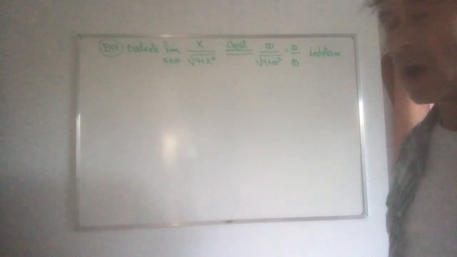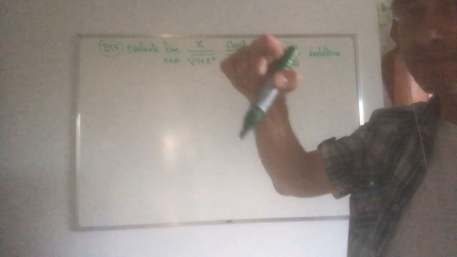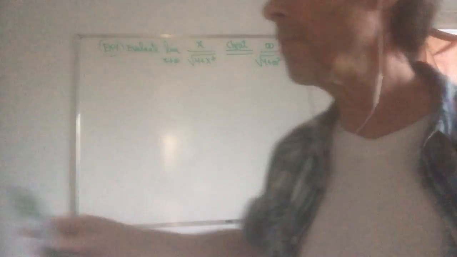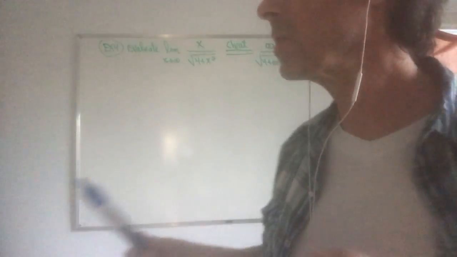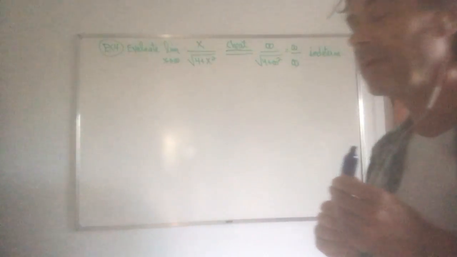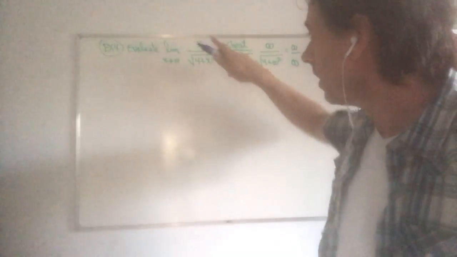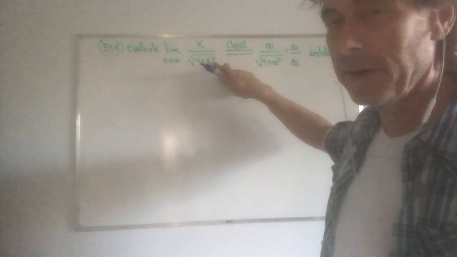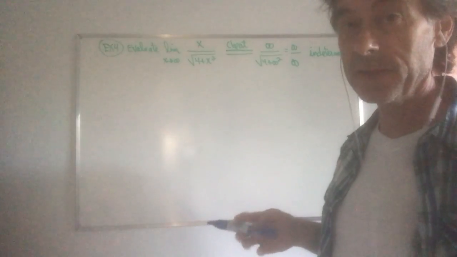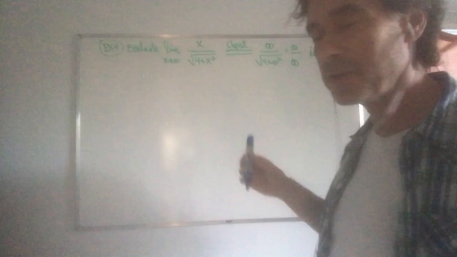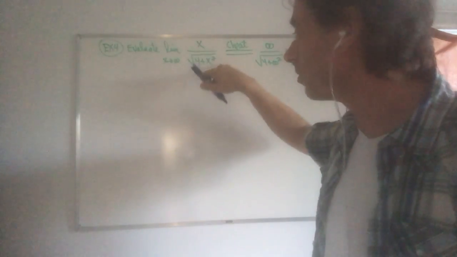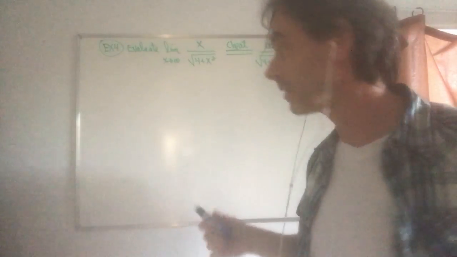So, I'm going to divide top and bottom by what? X to the highest power. But let's be careful here. What is the highest power of x in here? X to the 1 on top. I do have an x squared here, but this x squared is actually inside the square root. So the highest power of x here is not x squared; it's the square root of x squared, which is x.